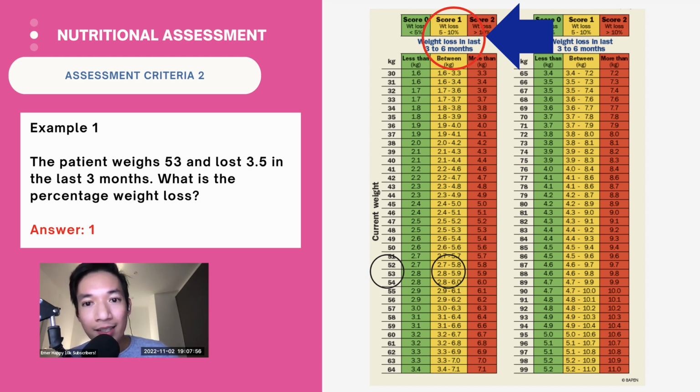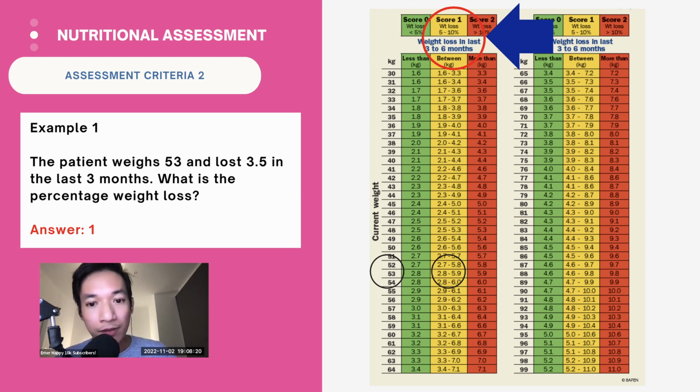So if the patient's weight loss is, you can see it, isn't it, for 53. If the patient's weight loss is less than 2.8, the patient will score 0 for 53. Yeah, for 53. If it's between 2.8 to 5.9, the patient will score 1. And of course, if it's more than 5.9, the patient will definitely score number 2.